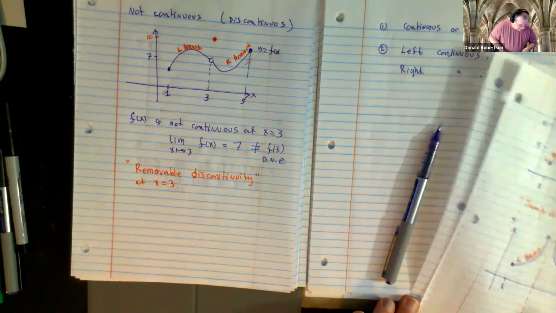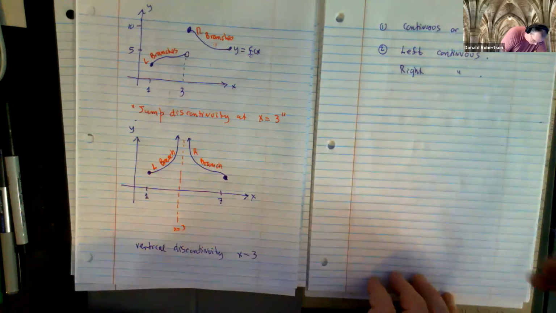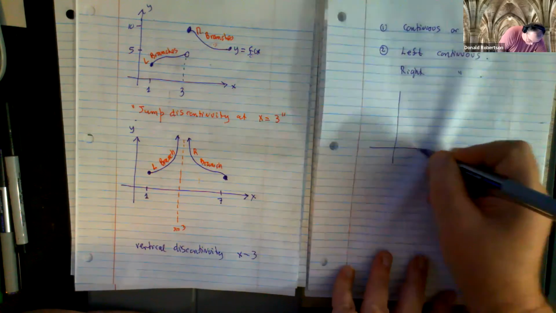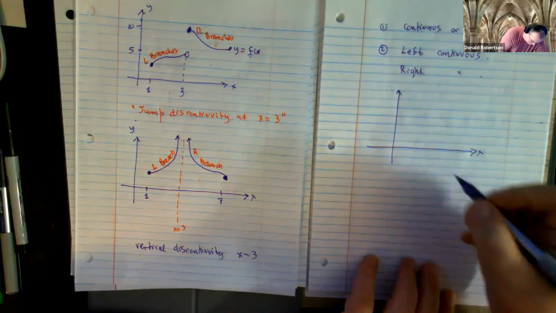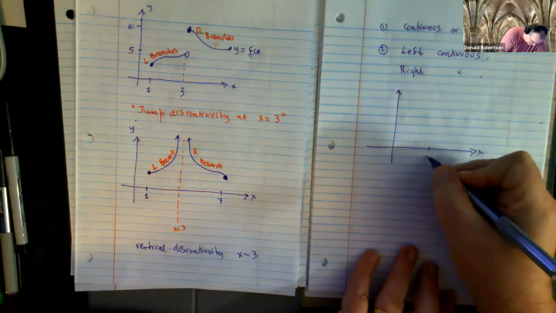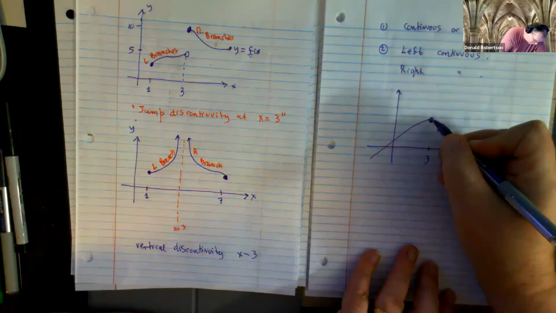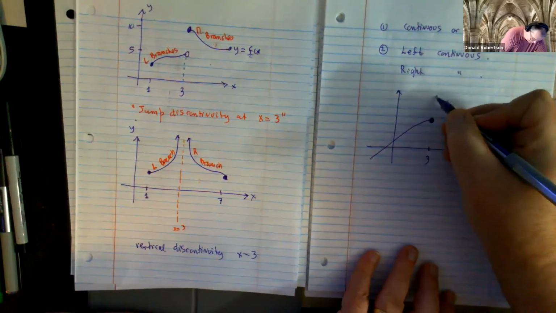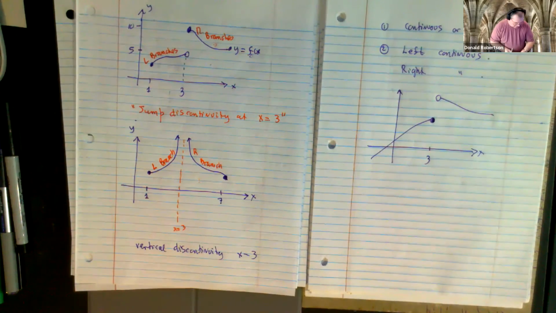So let's look at what left and right continuous look like. I'm only going to draw the piece of the curve that's important. Let's suppose at x equals 3, I have a guy that looks like this. Wouldn't we call that a jump discontinuity, right?